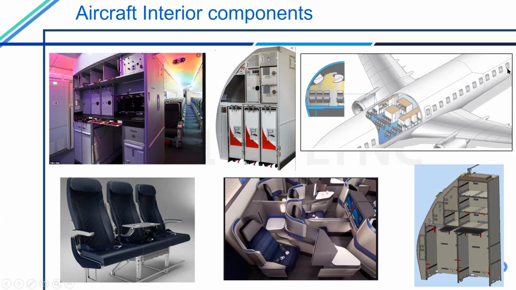Aft complex galleys are the big structural galleys at the back, and the average structural weight of one single aft complex galley is around 1400 to 1500 kilos. That massive structure is mounted inside the aircraft for the sole purpose of serving the passengers.